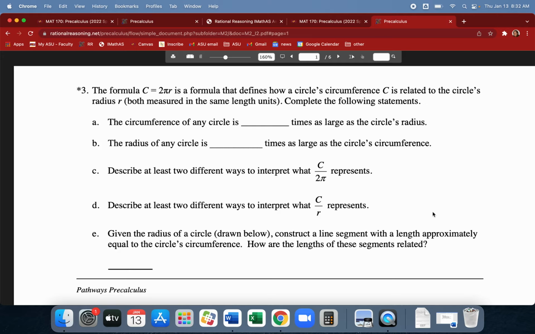So thinking about C and D, I've got some expressions with division here. We did a little bit of dividing, doing reciprocals.